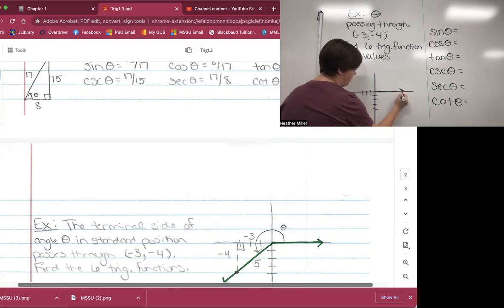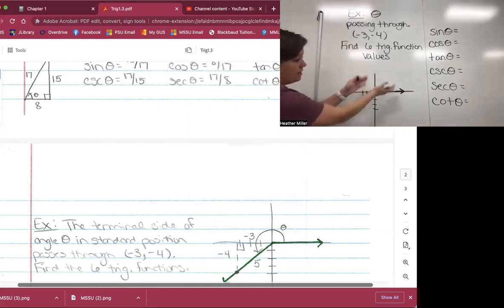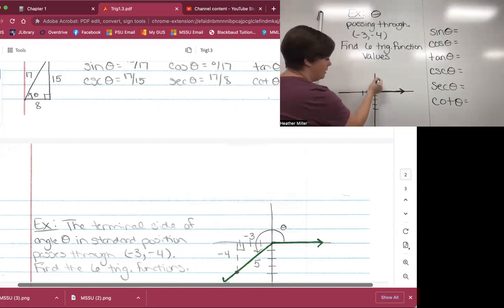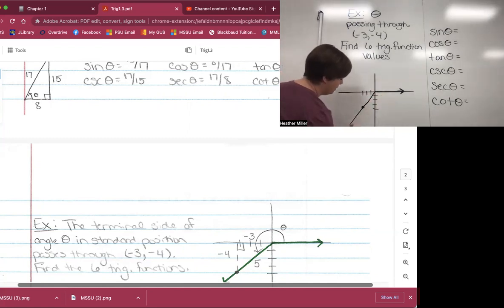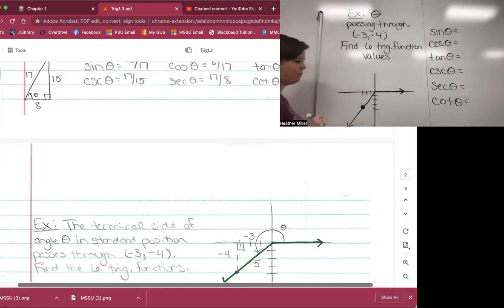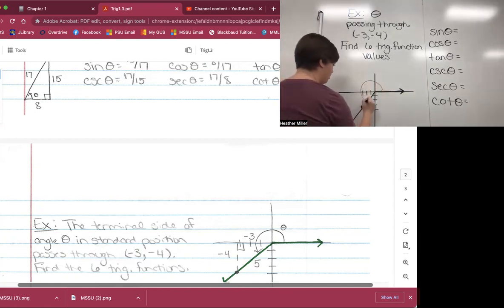We have our angle starting here. This is our resting side along the x-axis. Then theta is an angle, and we have our terminal side that's going to whip around until it passes through this point of -3, -4.